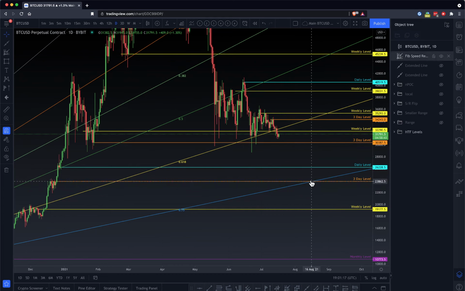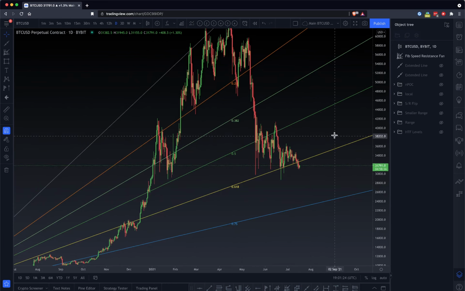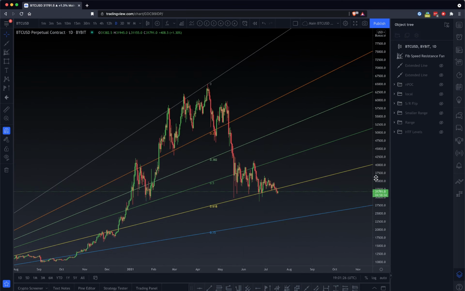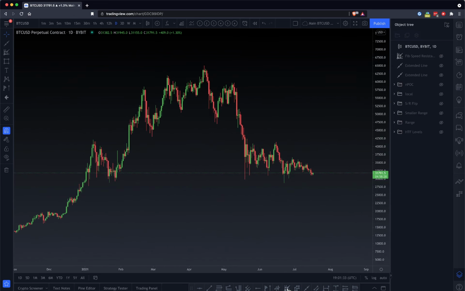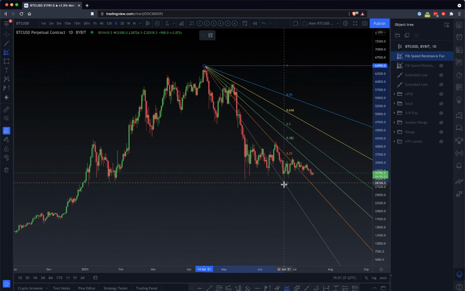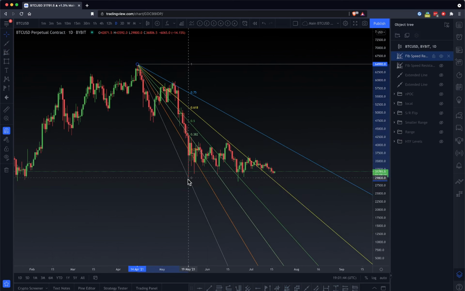This looks like a nice confluence, to be honest. Oh my god.